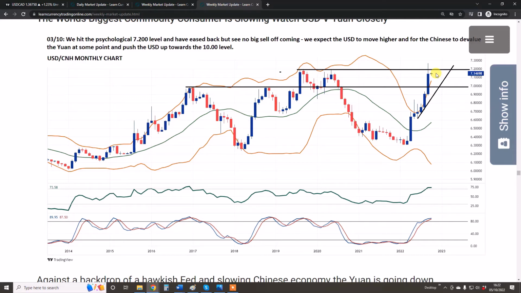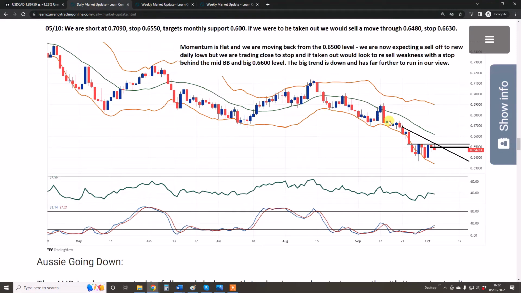The yuan and the AUD are correlated. Obviously, Australia's biggest trading partner is China. If the yuan is weakening, that shows things are not going well in China and impacts on the Aussies. That gave us backup to hold this big move to the downside.